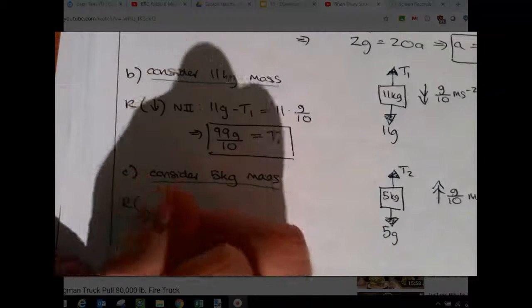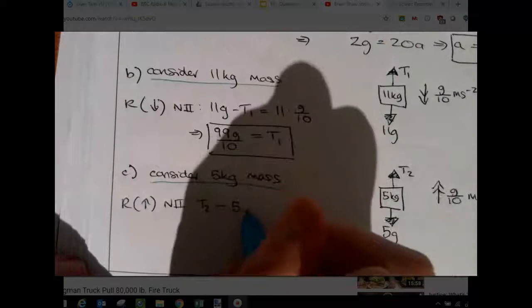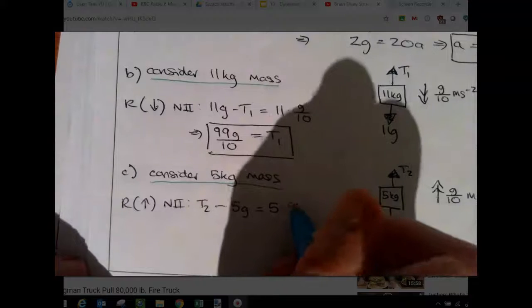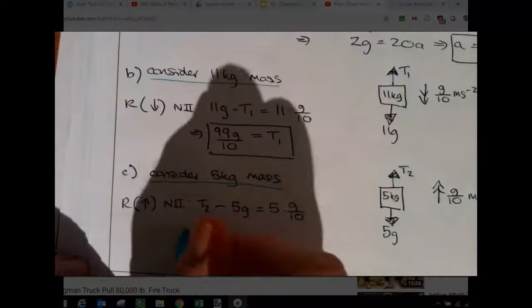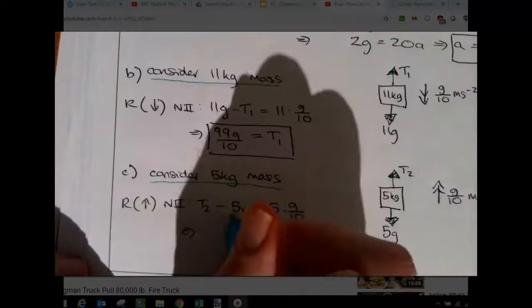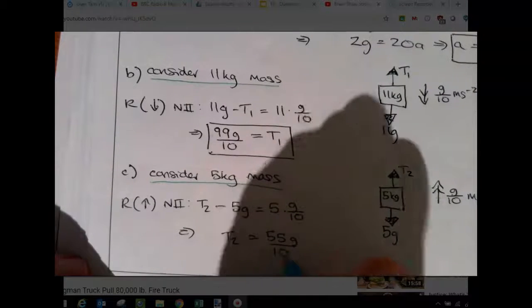So, resolving vertically in the direction of motion, Newton's second law: T2 minus 5g equals the mass times the acceleration. Rearranging, T2 is going to be 5g over 10 plus 50g over 10, so 55g over 10.